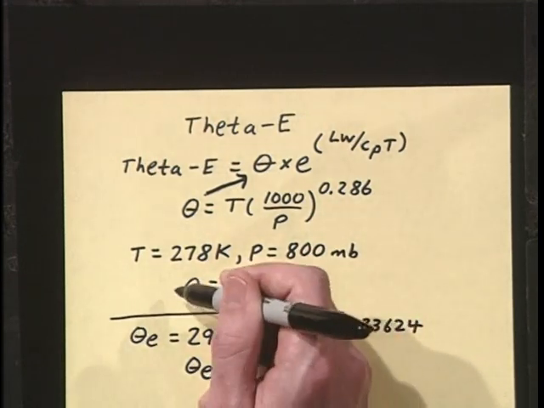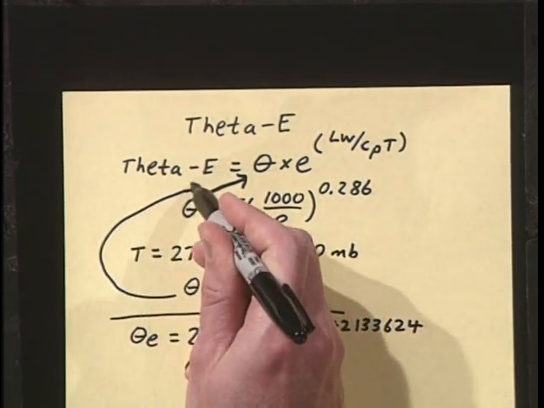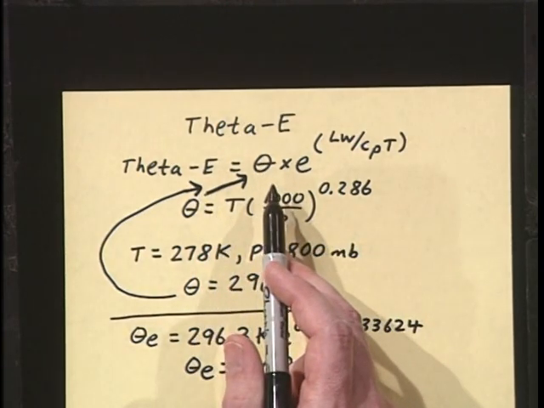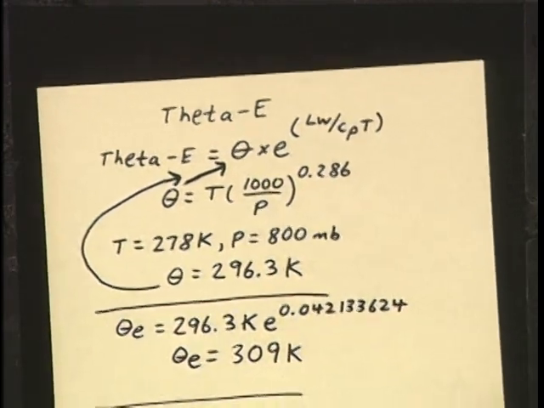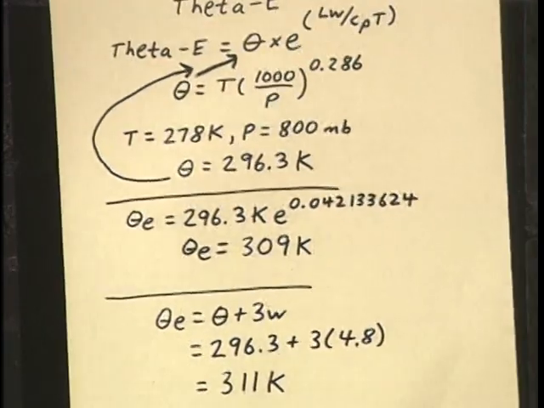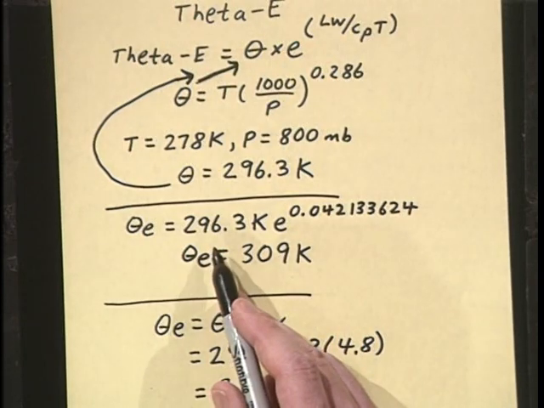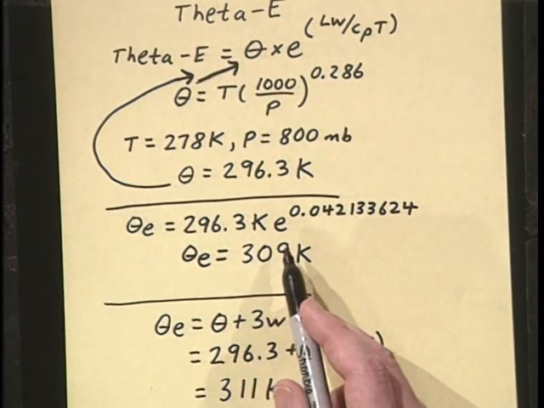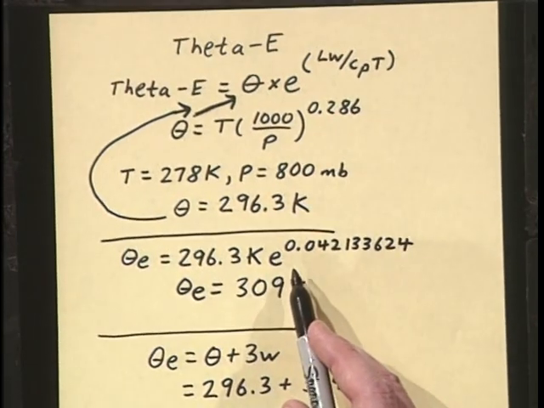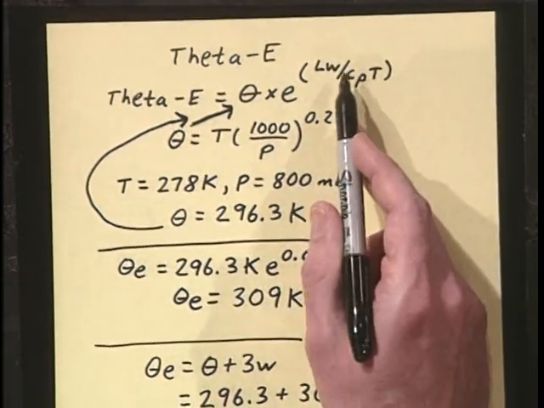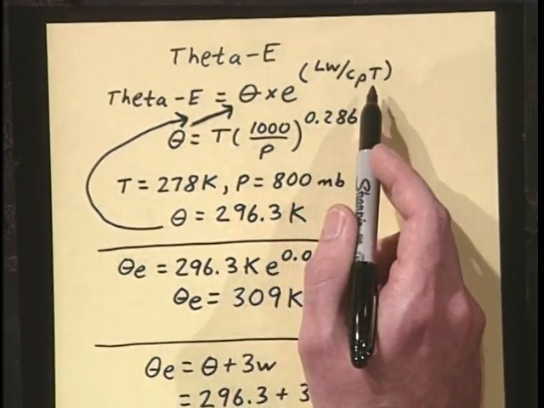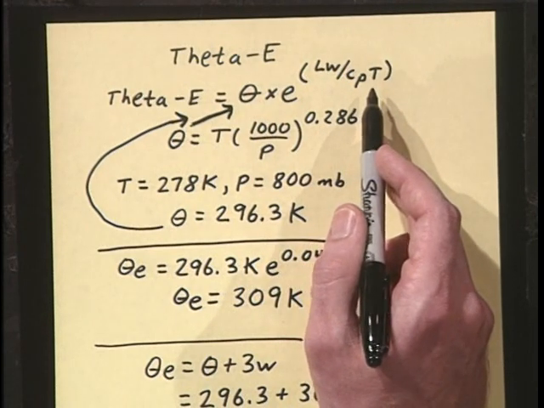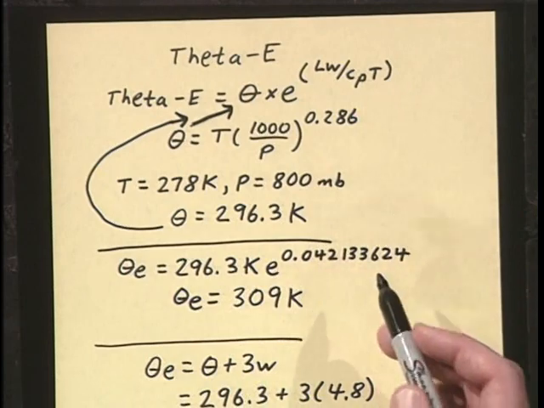So now we can plug that value into the theta E equation to find the equivalent potential temperature. So we'll take the 296.3, which is our potential temperature in Kelvin, and multiply that by the exponent of the number that we found here, the L times mixing ratio divided by Cp times T, that we found in the previous problem.